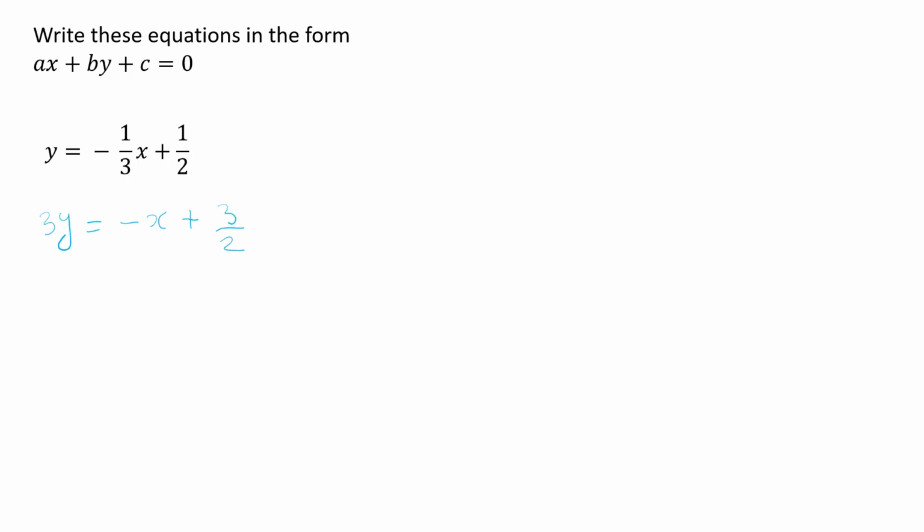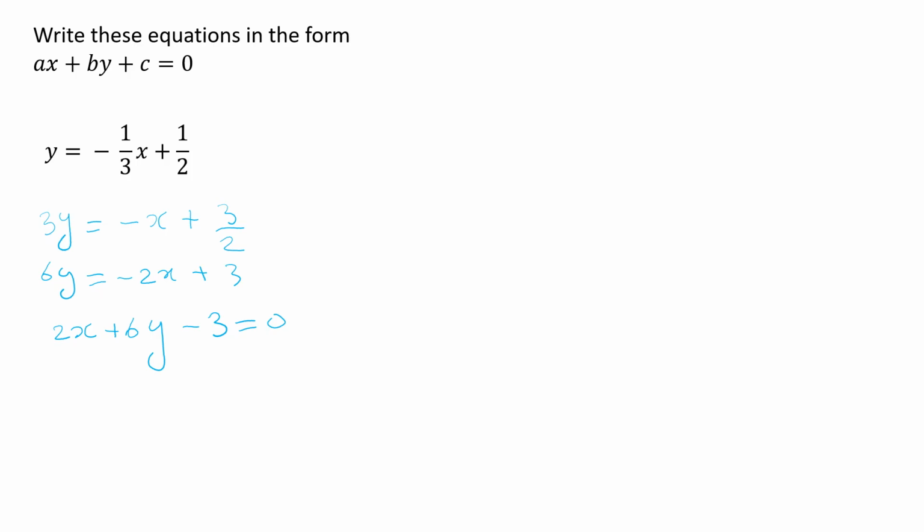Now I'm going to multiply 2 both sides. So 6y equals negative 2x plus 3. Now I'm going to rearrange: 2x plus 6y minus 3 equals 0. You can eliminate this fraction one by one, or you can do straight away.